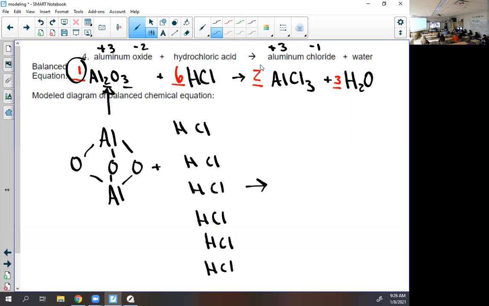Okay, the next thing we draw 2 things, and the 2 things are AlCl3. So I have 1 Al, and it's bonded to 3 chlorines. If your structure looks different than mine, it doesn't matter at all.